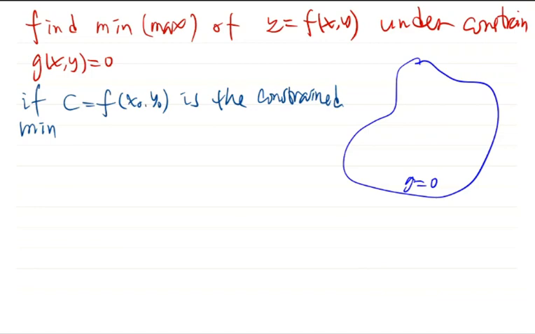That is a point (x0,y0) here, and the value of f at this point is c. This c is a constraint minimum, which means the value of f at this point is minimum among all values of nearby points on the curve g equal to 0.